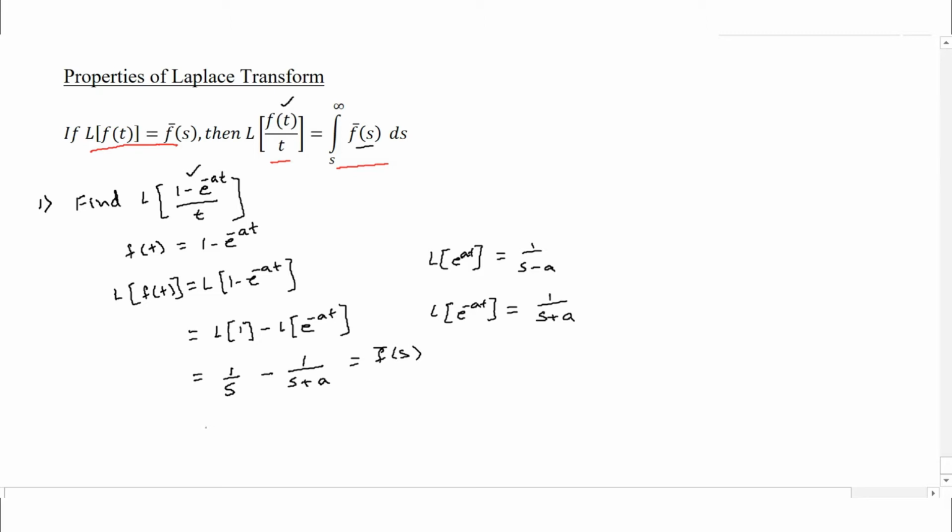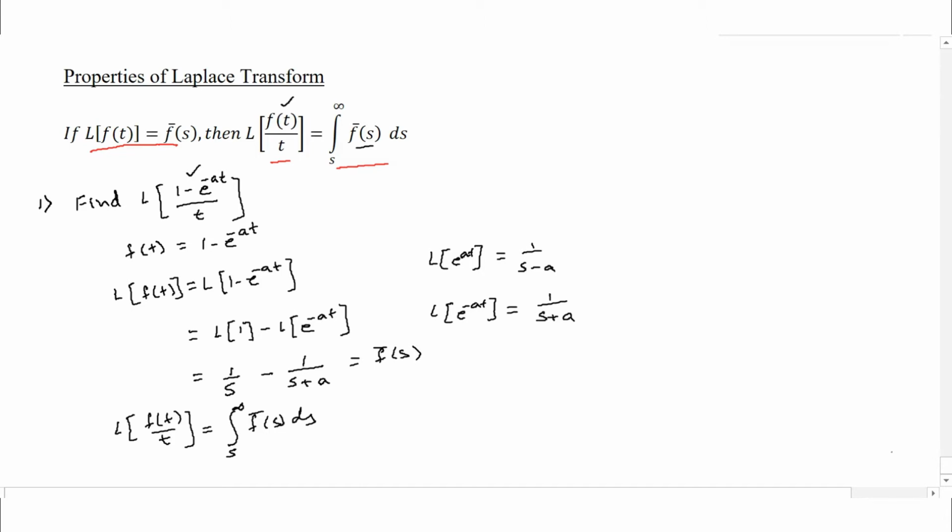So I have got this f bar of s. Now the Laplace transform of f of t by t will be equal to the integral from s to infinity of f bar of s ds.